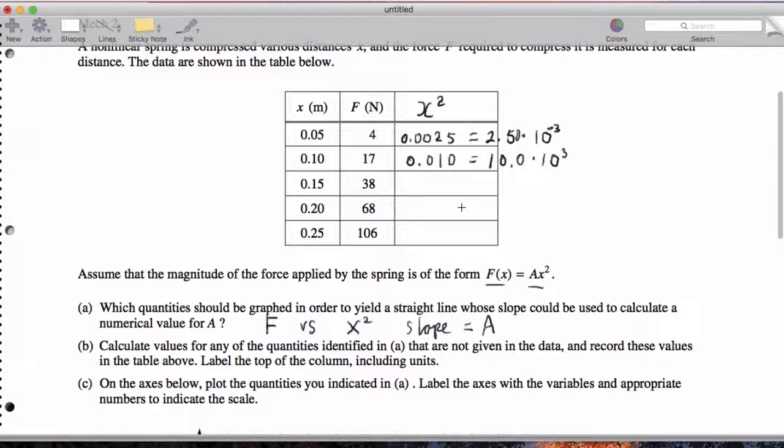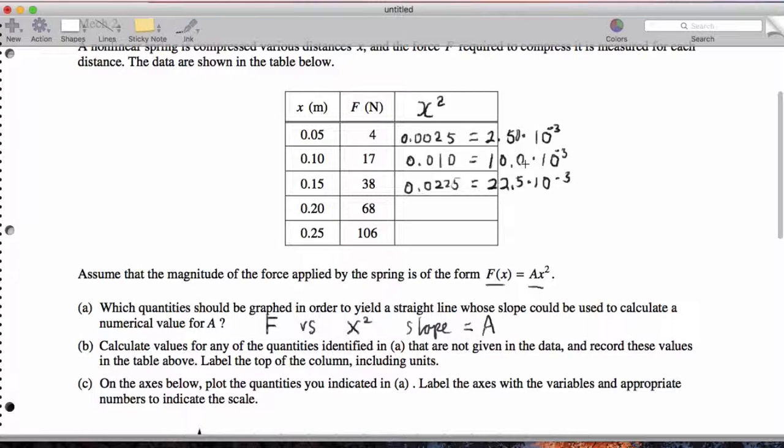And then 0.15 squared is going to give us 0.0225, which is going to be 22.5 times 10 to the negative 3.